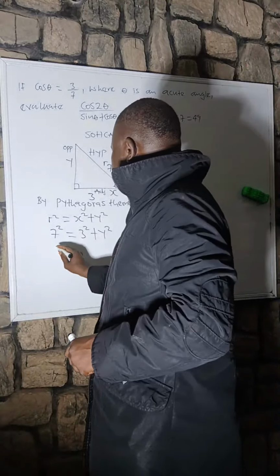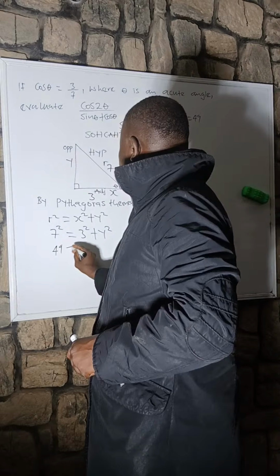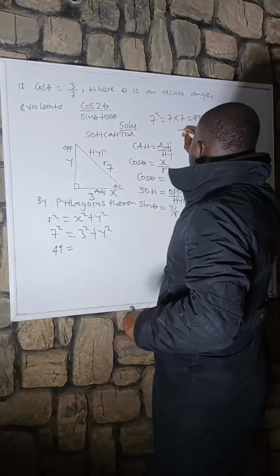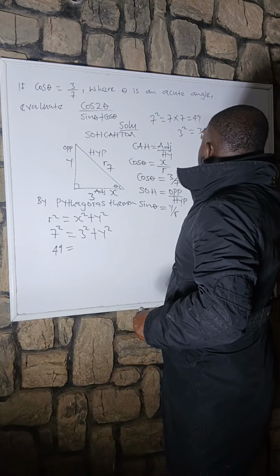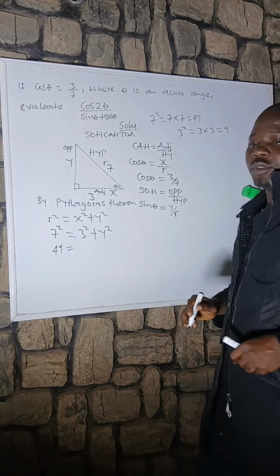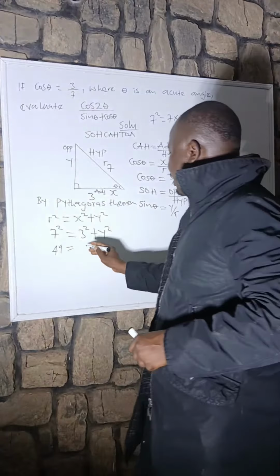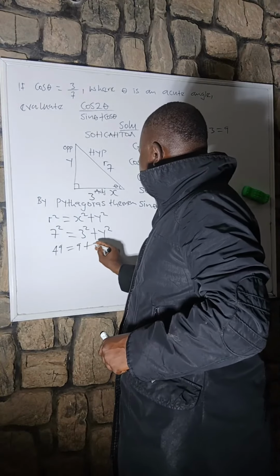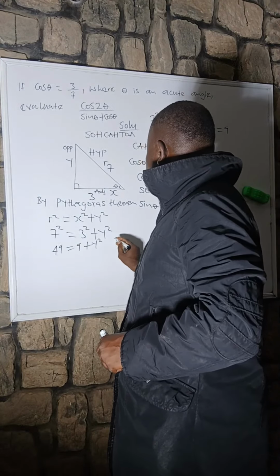So here will be 49 equals 3 squared, and 3 squared is 3 times 3, which is 9. So 49 equals 9 plus y squared.